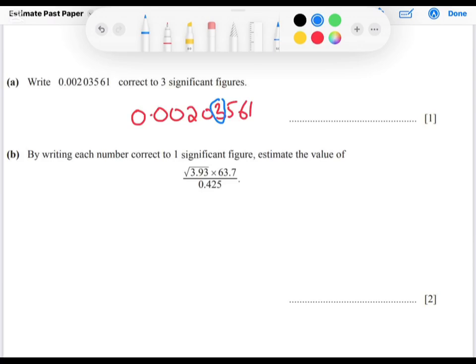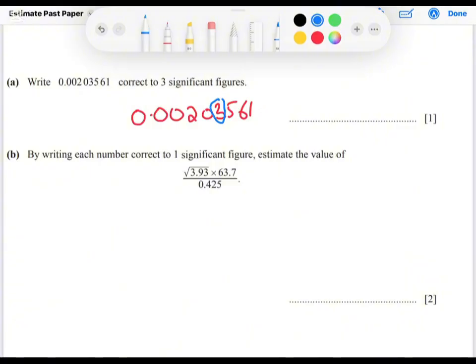We see what we need to do. If the number is bigger than 5, we add 1. Okay, if the number is lesser than 5, then we do nothing with that. So now, the number after the third significant figure is 5.